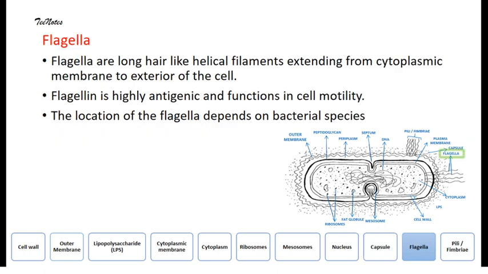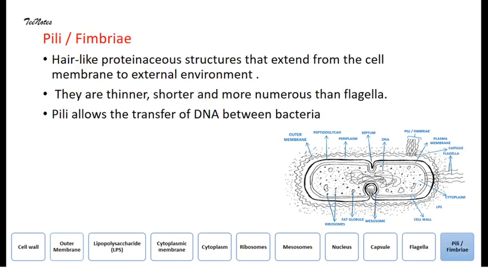Flagella are long hair-like helical filaments extending from the cytoplasmic membrane to the exterior of the cell. Flagellin is highly antigenic and functions in cell motility. The location of the flagella depends on the bacterial species: polar, situated at one or both ends, which swims in a back and forth fashion, and lateral, along the sides.